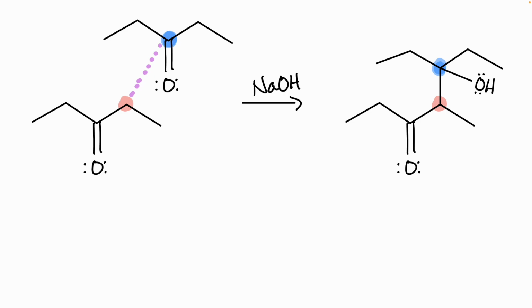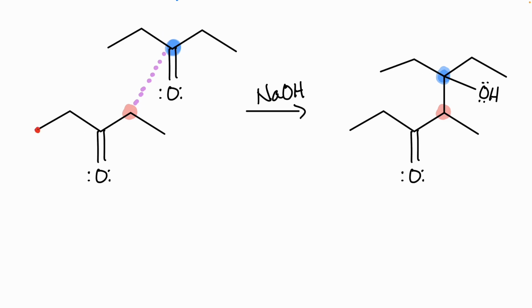All right, so I think it's easiest to start by redrawing that nucleophile, because notice how my nucleophile I can just copy and paste into my new molecule here: those 5 carbons with my carbonyl group on carbon 3. But for that alpha carbon, I've drawn this new bond in there. And again, what's on the other side of that bond must be that blue carbon, what was formerly my carbonyl carbon in my second molecule.